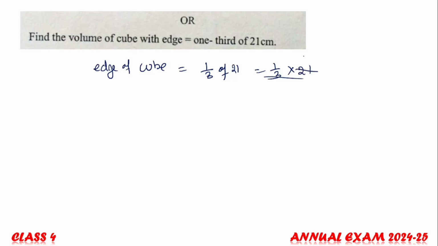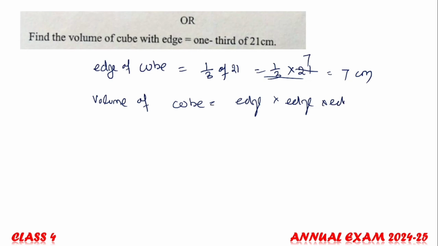So 3 sevens are 21. So the answer is 7 centimeter. Now we find the volume. So volume of cube, we know that edge into edge into edge, that is 7 into 7 into 7, that is 343 cubic centimeter.